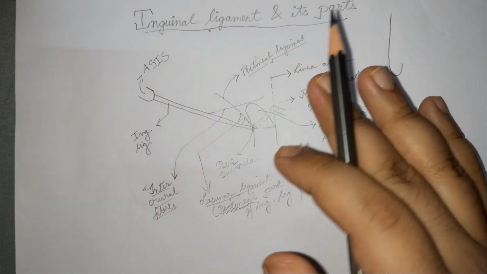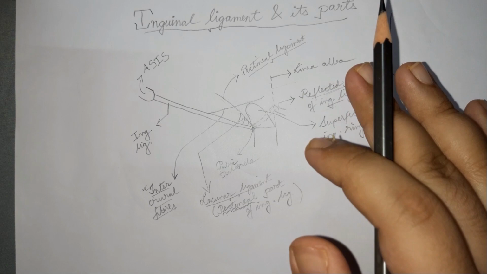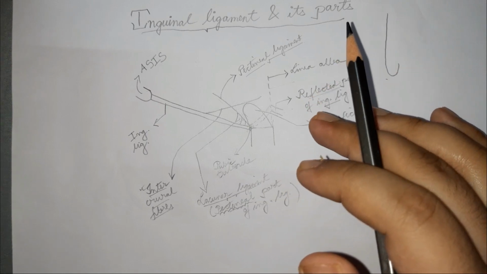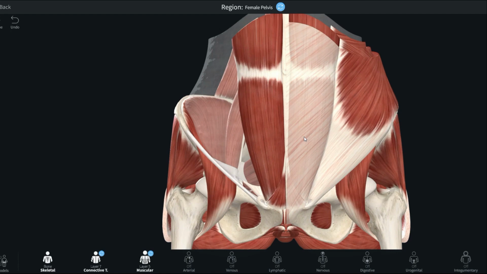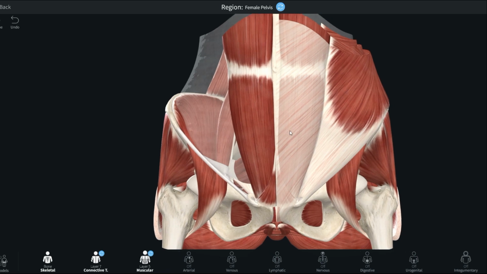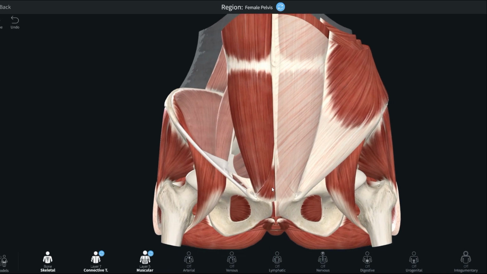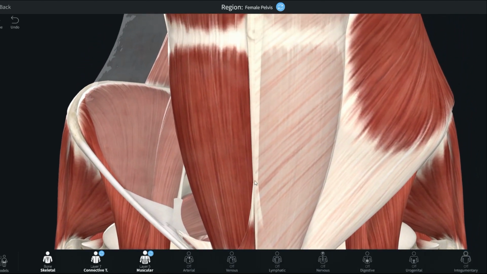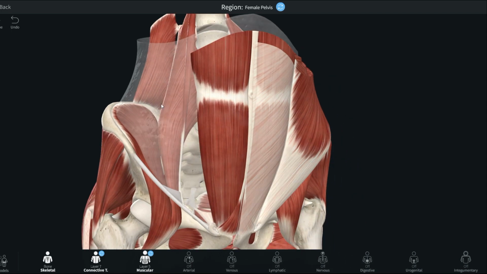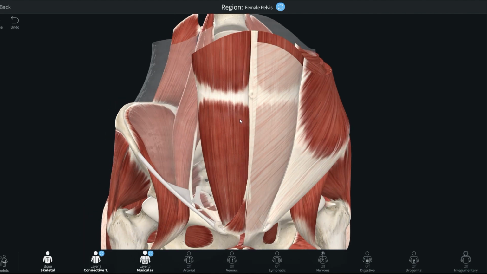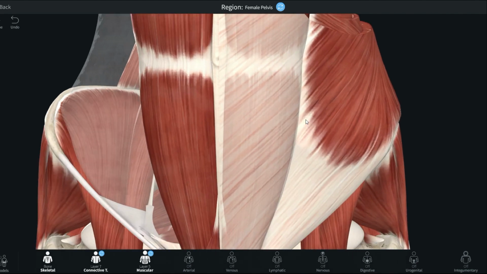Let's start with the actual inguinal canal. Now let's talk about the inguinal canal proper. As you can see here, we have a 3D anatomical model, and on one side we have all the muscles of the anterolateral abdominal wall, whereas on the other side we do not have as many muscles. So compare these two sides.